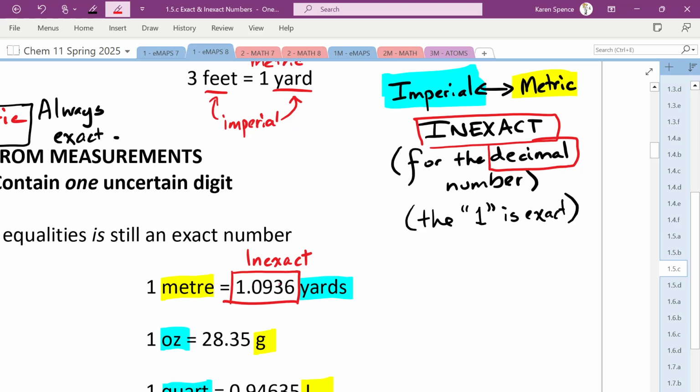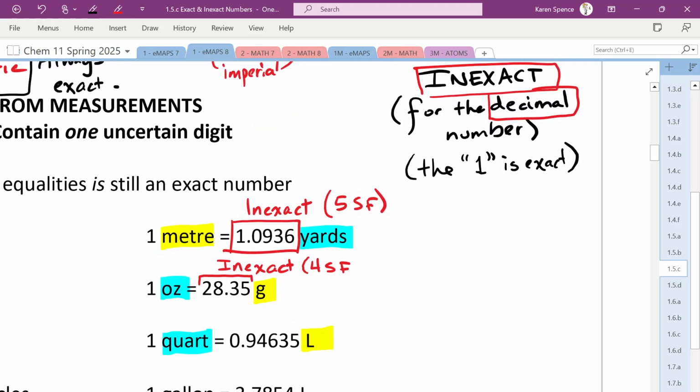1, 2, 3, 4, 5 sig figs. This number that has a decimal in it is inexact. And it has 1, 2, 3, 4 sig figs. This number here has a decimal. It has 1, 2, 3, 4, 5 sig figs.